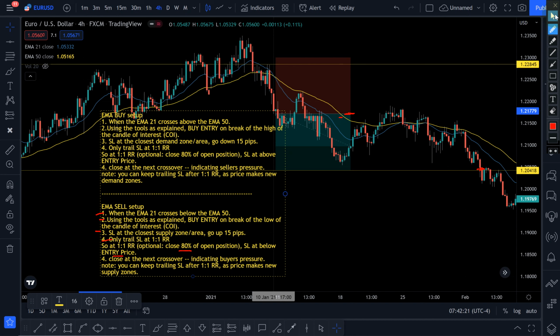But you can only close the trade once, what happens if you notice the next crossover? Here, there was a what? Fake crossover. In this situation, if you notice this crossover and you close it, no problem.